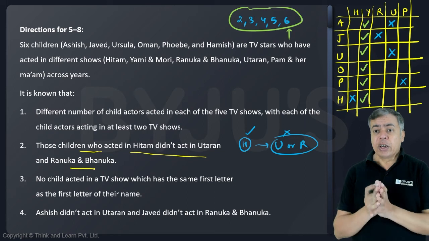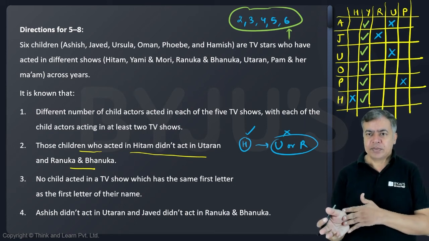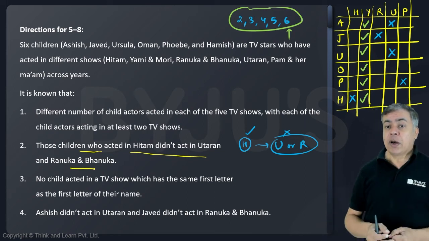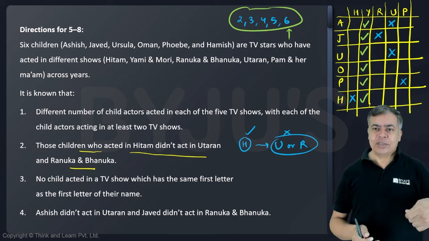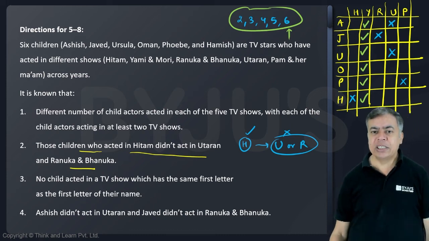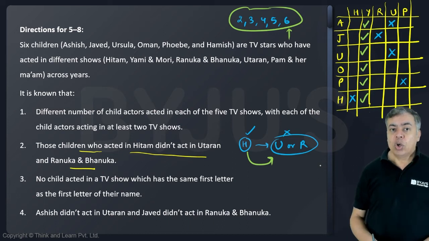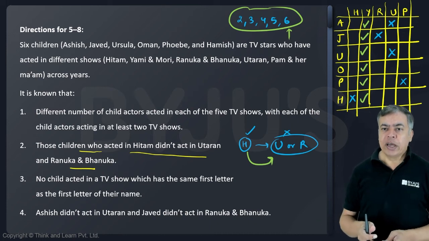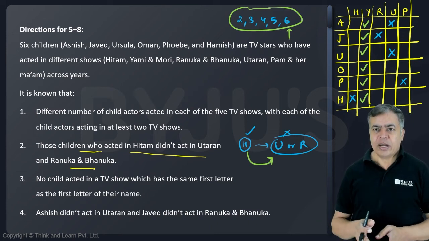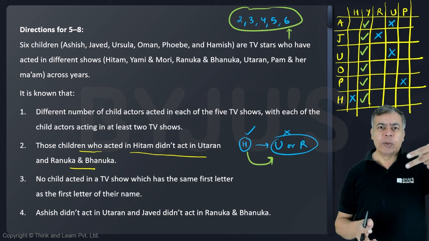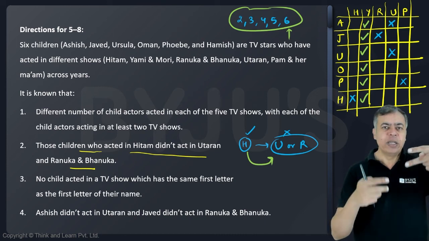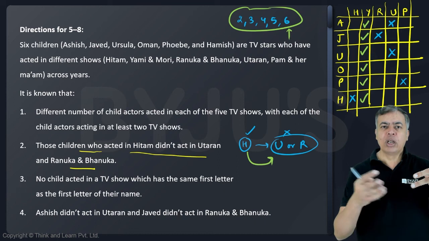Now if I think of 5 actors, the problem is wherever I put H, then I need to cancel R and U because H cannot work with R and U. If you put H anywhere, minimum 2 actors you will take in H, because 2, 3, 4, 5, 6.